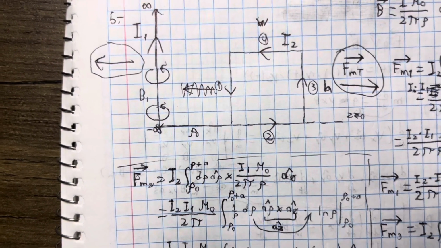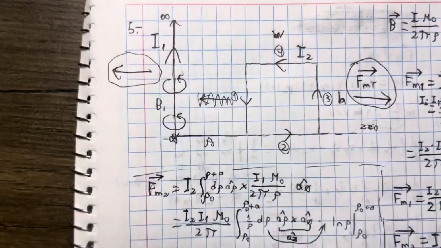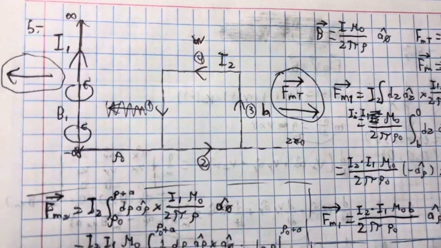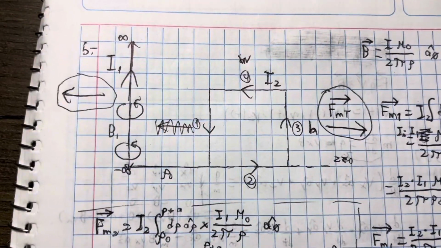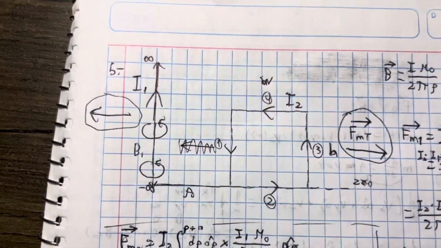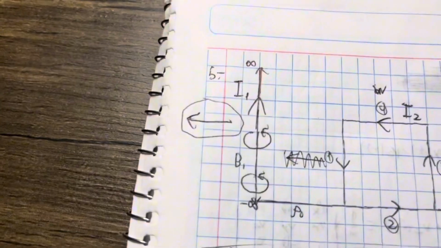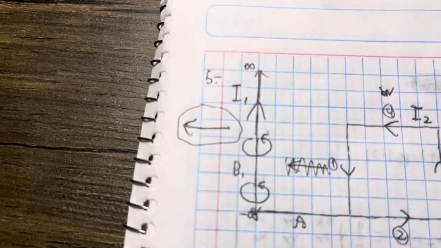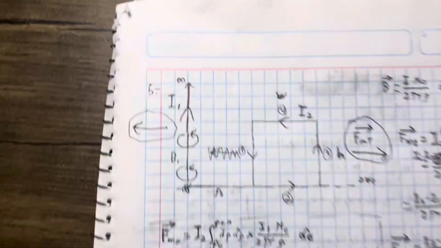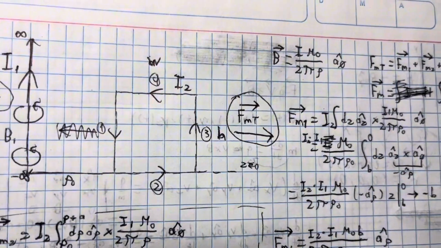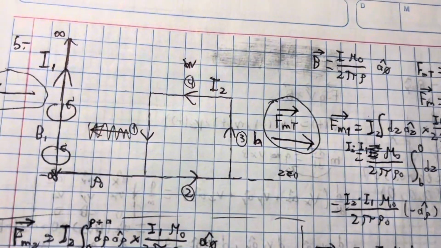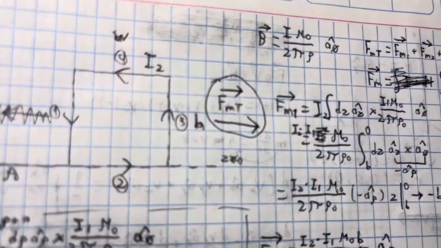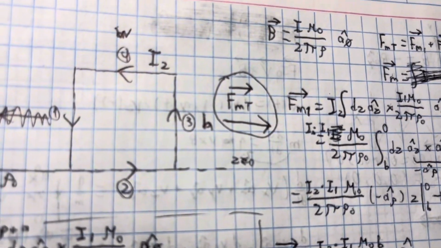Also, it's in the positive rho vector, which means that, as it's in the positive rho direction, it's a repulsion here, because this wire has a force going in the negative rho direction, and this has a force in a positive rho direction.